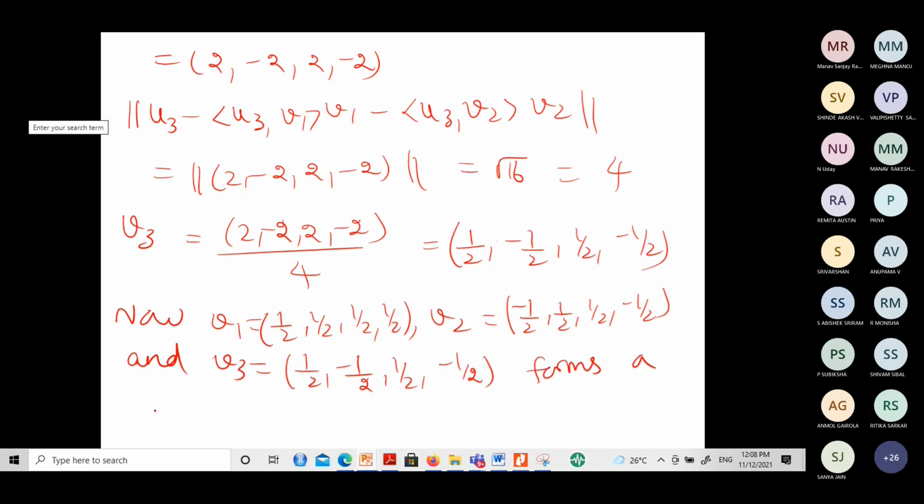These form the orthonormal basis for the column space of U. Ma'am, can you show the previous slide once? One minute, let me complete this. I'll show it.